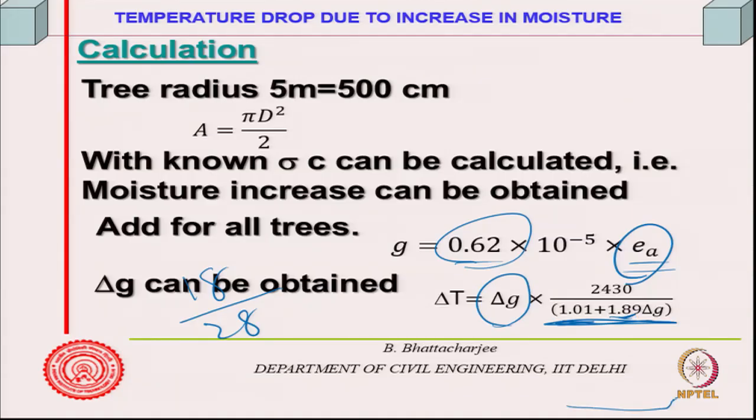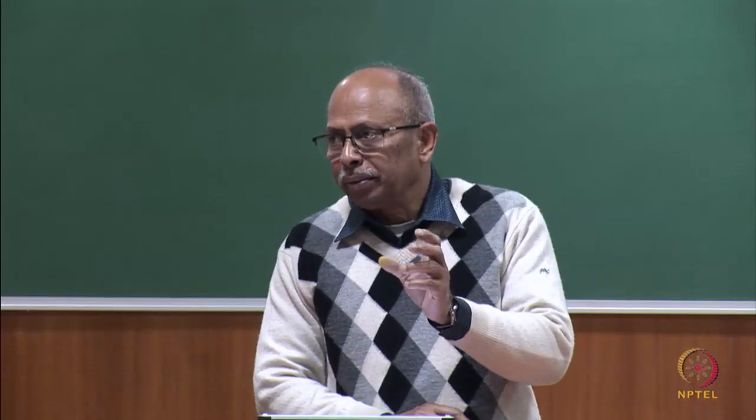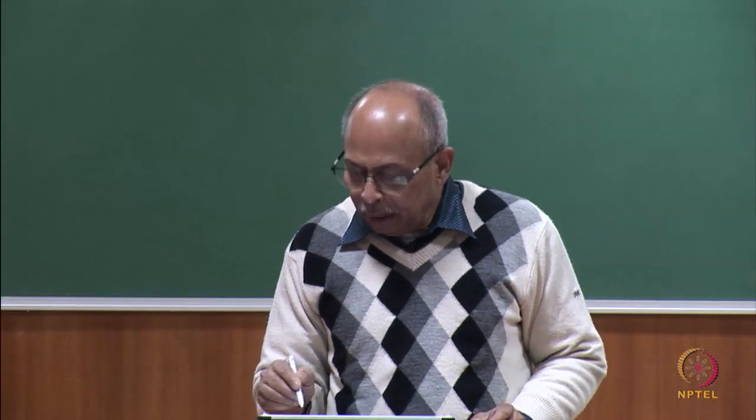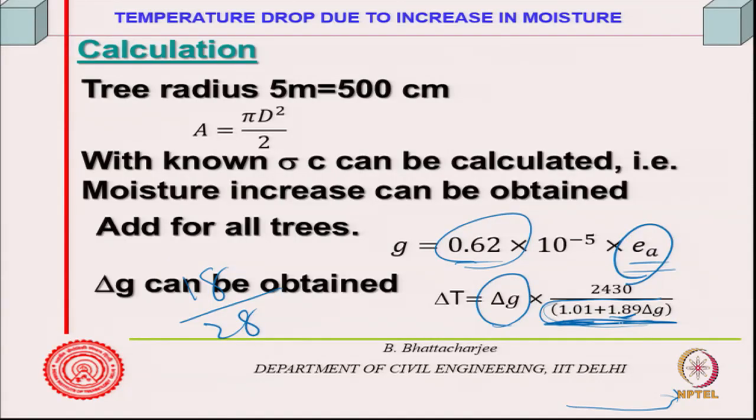So, this total is a specific heat, from of course, the latent heat is an equivalent, specific heat Cp of moist air, where this is the moisture content.